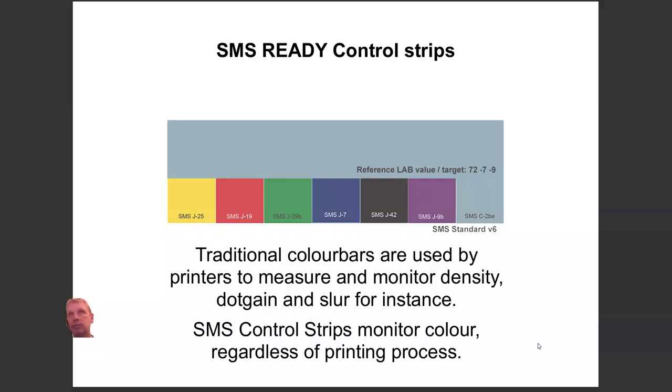SMS control strips monitor color regardless of printing process. So you can use these for offset printing, you can use them for digital printing, you can use them for flexo or whatever your process may be, even for inkjet printing on textile.